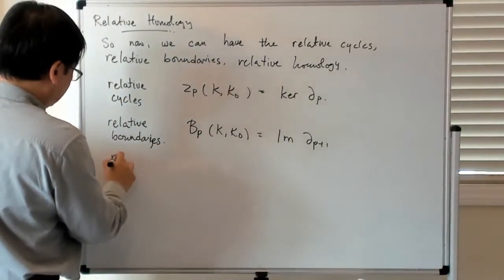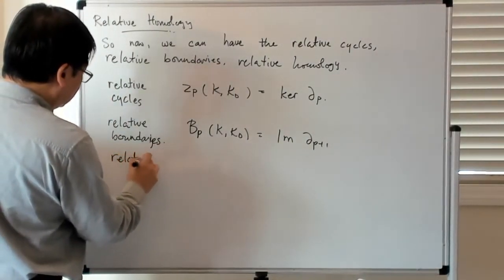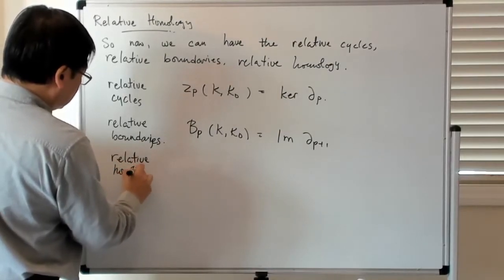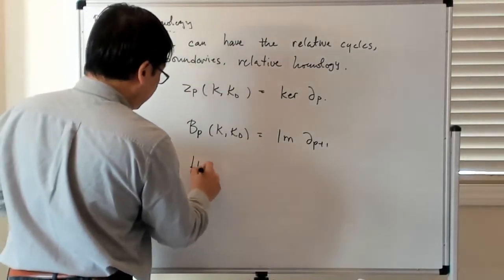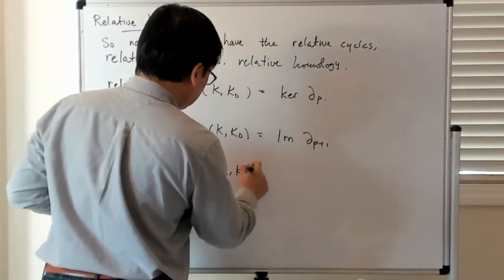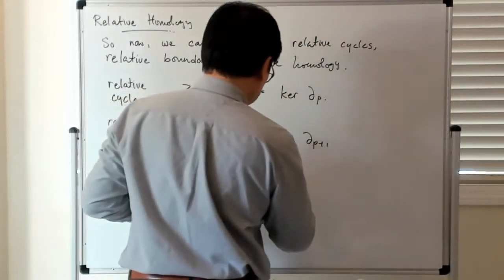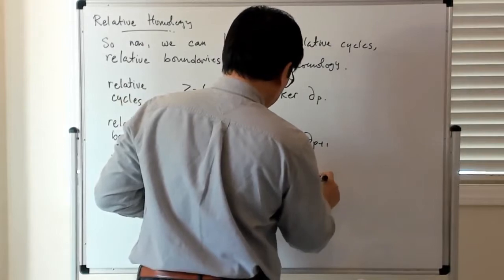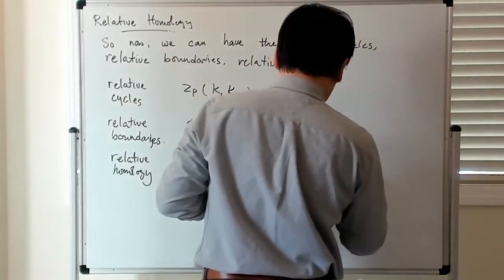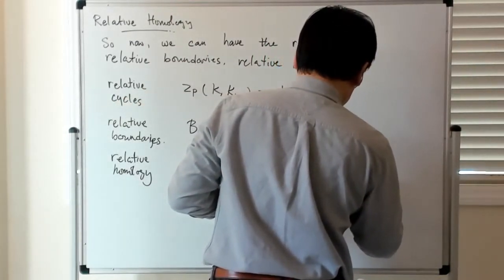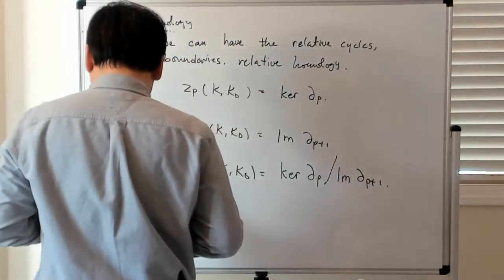And then the relative homology, which is Hp(K, K0), is the kernel of the p boundary operator, quotiented by the image of the p plus first boundary operator.